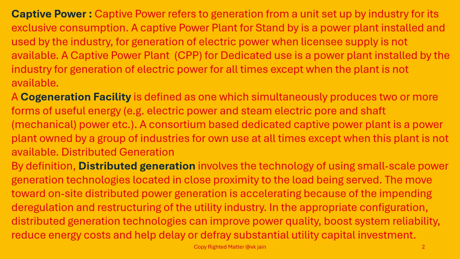A cogeneration facility is defined as one which simultaneously produces two or more forms of useful energy, that is electrical power and steam, electric power and shaft power alike. A consortium-based dedicated captive power plant is a power plant owned by a group of industries for some use or at all times except when this plant is not available.